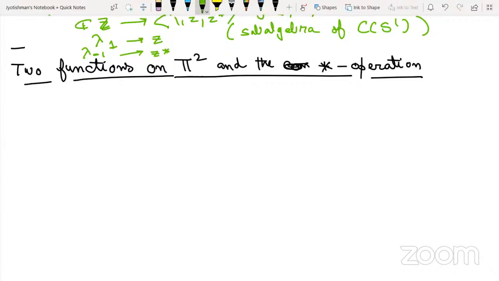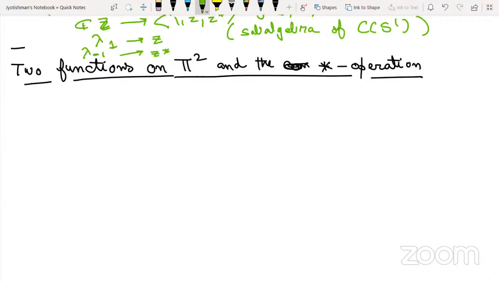Basically, out of the smooth functions on the torus, we want to construct a family of non-commutative rings.